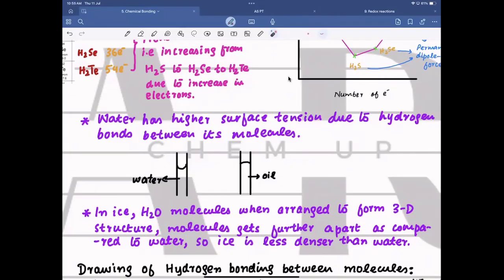Okay, now I see. Basically, it is very important for the survival of aquatic life. For example, if ice were denser than water, then what would happen whenever the temperature in winter drops to zero or below zero? The sea, the ocean, the lakes or the rivers would start freezing from the bottom, and freeze and become solid from the bottom to the surface, and as a result, the whole aquatic life would be destroyed.